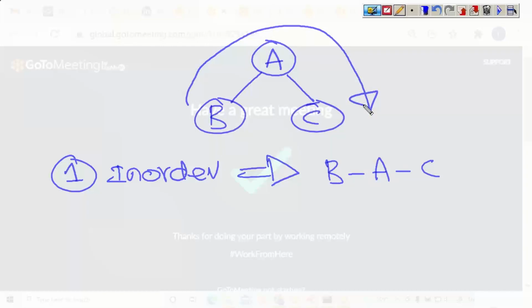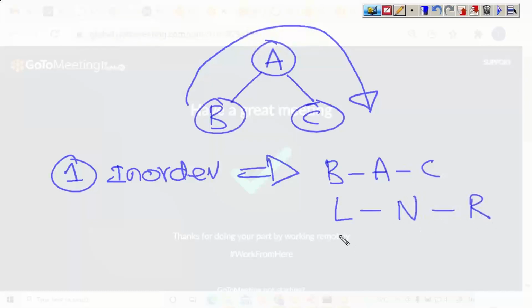First left, then root, then right. In order. So left, middle and right. Left side child, then root, then right side. It is called in order. Root I can call as a node.